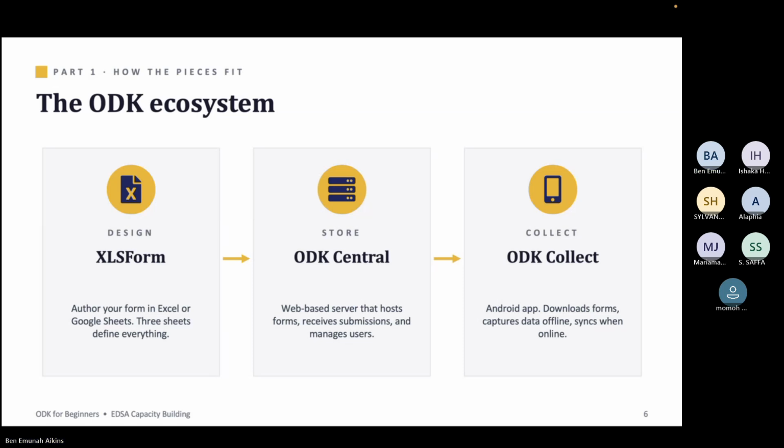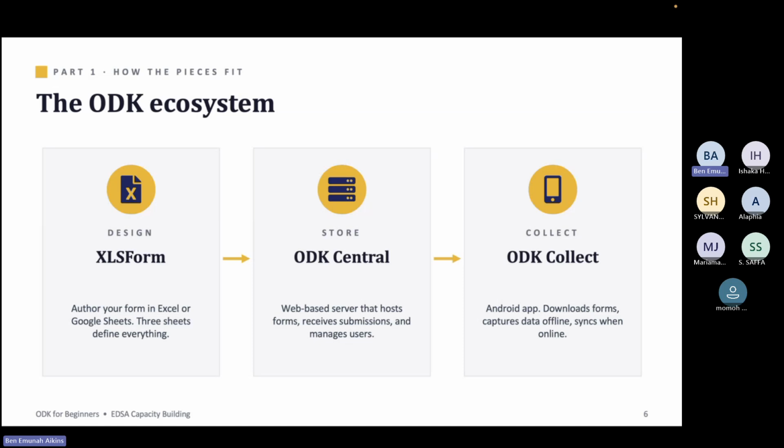This is the first thing that I want you to have at your fingertips: the ODK ecosystem is made up of three things. The XLS form is the standard Excel form that you would use to design your forms.